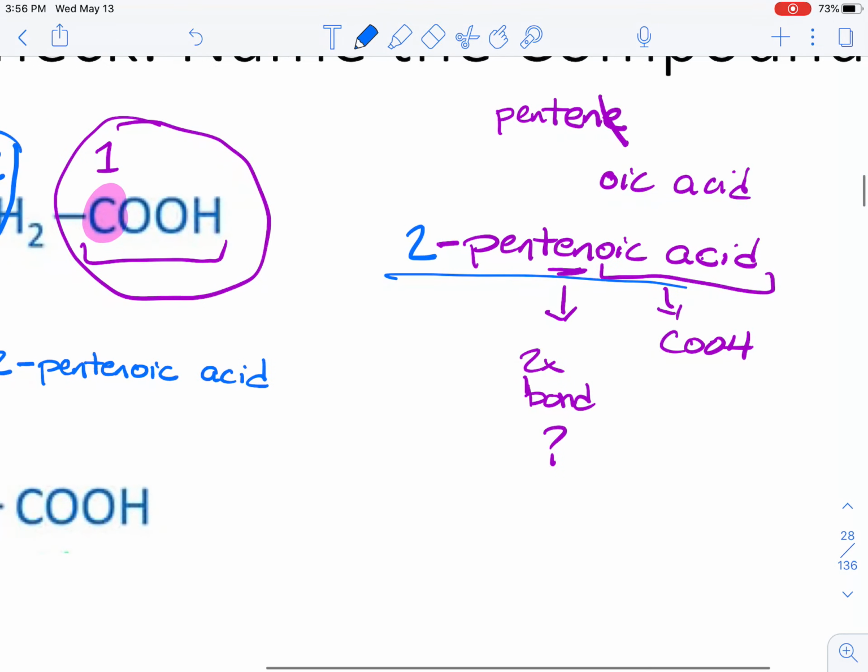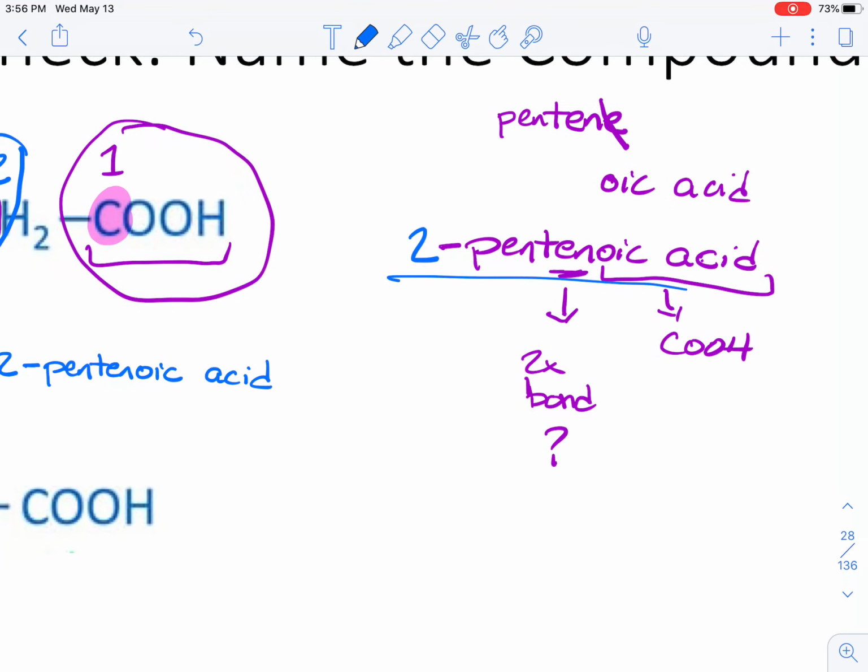Okay. And so what we're doing is we are communicating to the reader where that double bond is located.